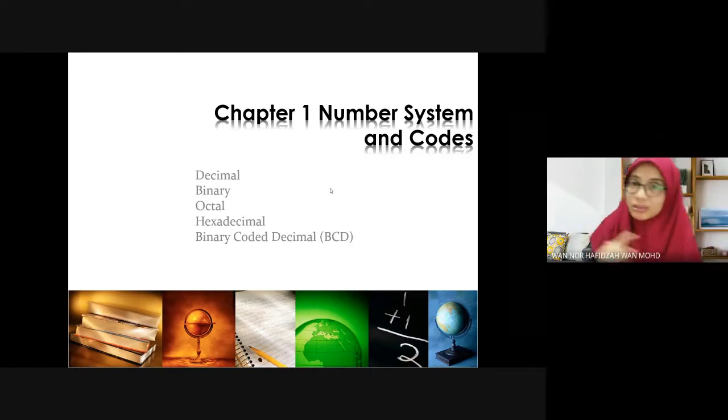That's why it is from 0 to 15. But we don't say it is from 0 to 15. We say the numbers are from 0 to 9 and from A to F. So in total you have 16 numbers.